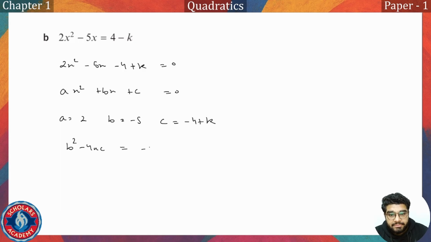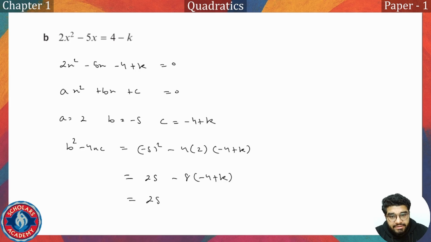So it is equal to minus 5 square minus 4 times 2 times negative 4 plus k. So I get 25 and minus 8 times minus 4 plus k.